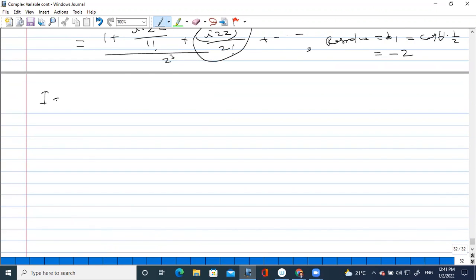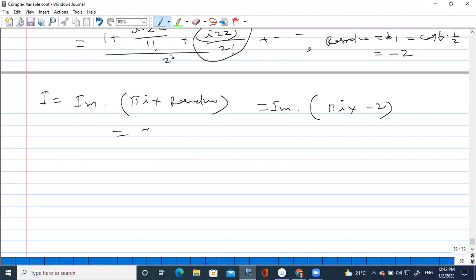So the integral will be, I already told you, the imaginary part of pi i into residue. Means the imaginary part of pi i into -2. So the answer will be -2 pi.